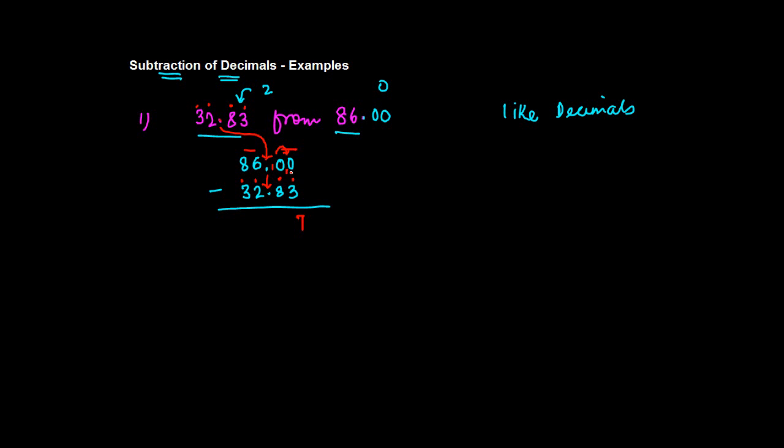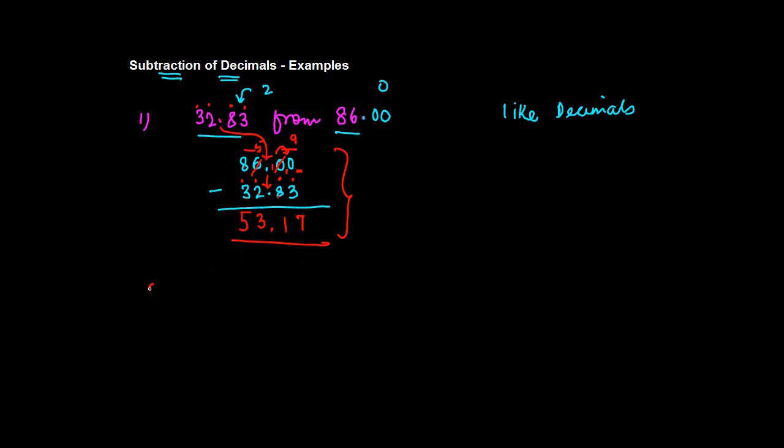But from 10, one has already been given to the hundredths place, so this becomes 9. 9 minus 8 gives you 1. Again, one borrowing has happened, so how much are we left with over here? 5. 5 minus 2 gives you 3. 8 minus 3 gives you 5. And I put in a decimal point over here.